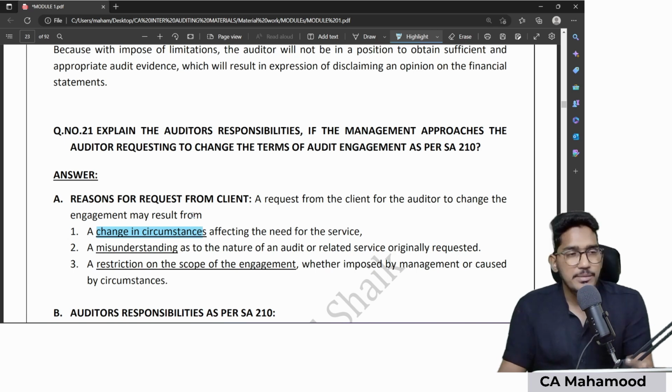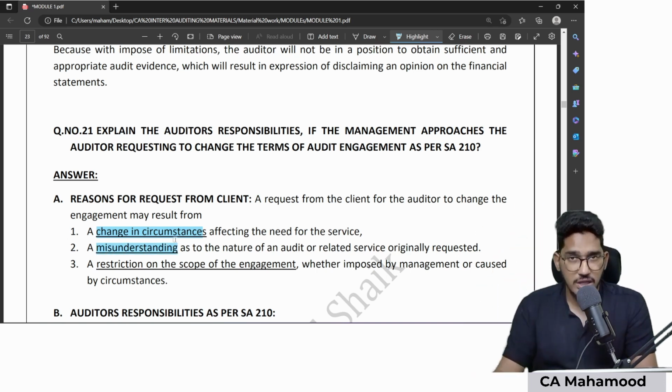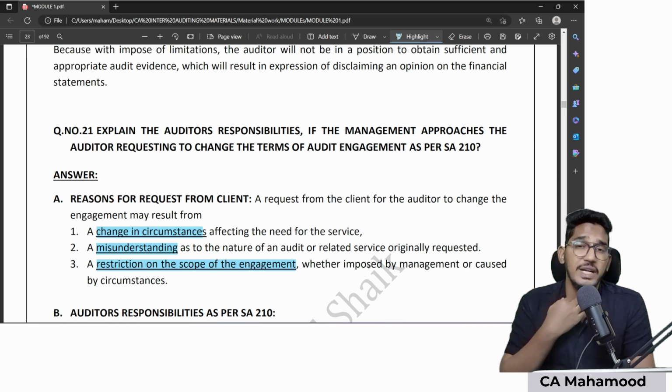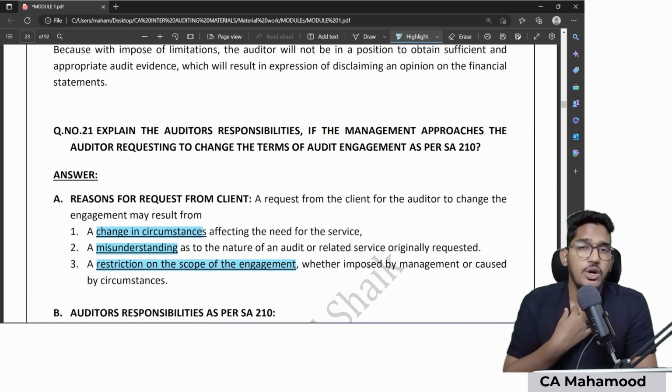So like this, sometimes circumstances might change, which might make the client come to the auditor and request changes in the terms. Or sometimes the client might have misunderstood the original terms, so he might approach you now asking for a change in the terms. Or sometimes, with a view to intentionally restrict the scope of the auditor, the client might approach you asking for changes in the terms of engagement.